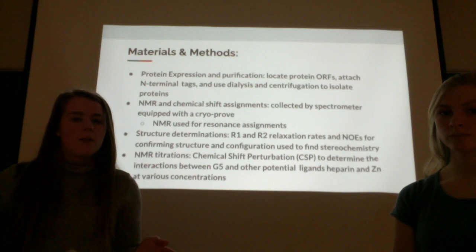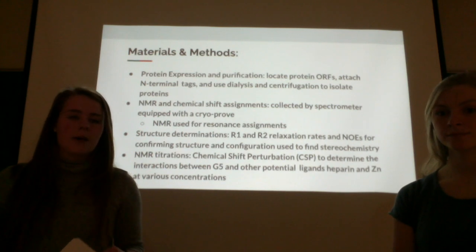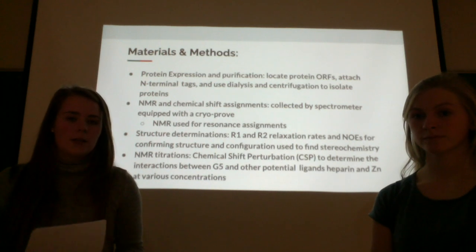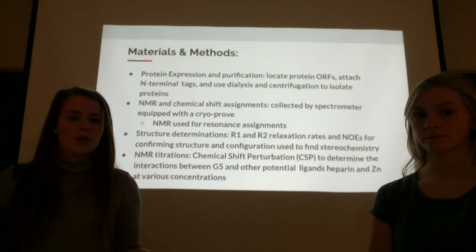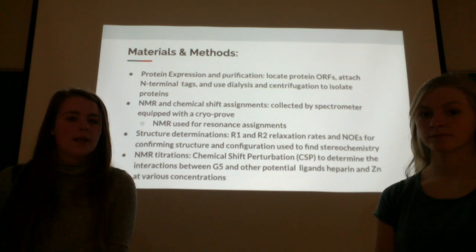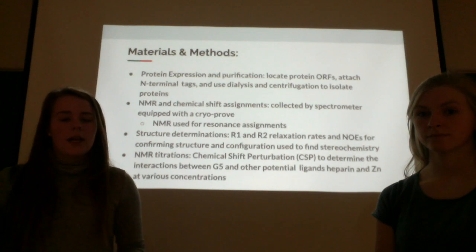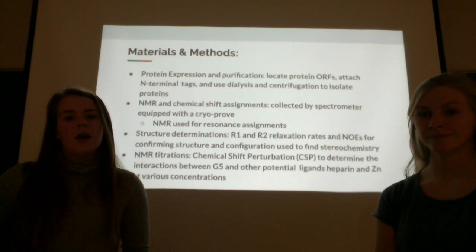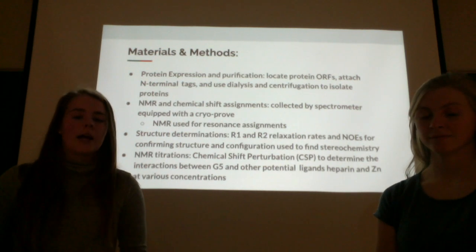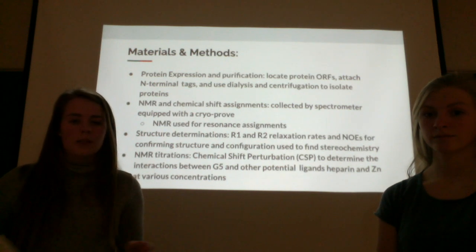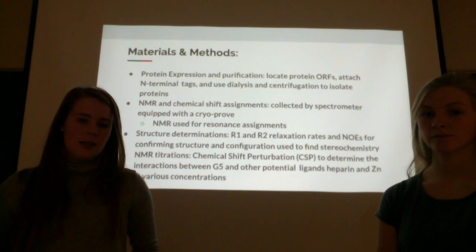Then there's also NMR and chemical shift assignments collected by a spectrophotometer, and this was used to determine structure, as well as the R1 and R2 relaxation rates and NOEs, which were also used to confirm the structure and find stereochemistry. And then finally, towards the end, NMR titrations and chemical shift perturbations came into play to determine the interaction between G5 and the ligands of NAG, as well as other potential ligands of heparin and zinc.